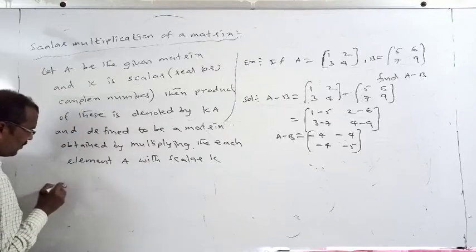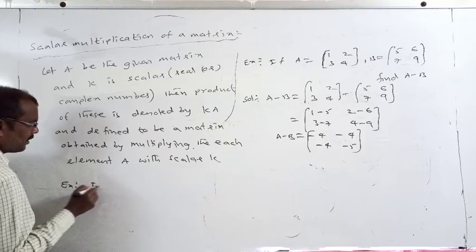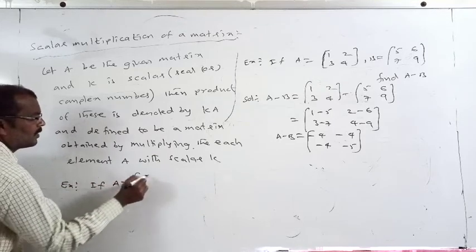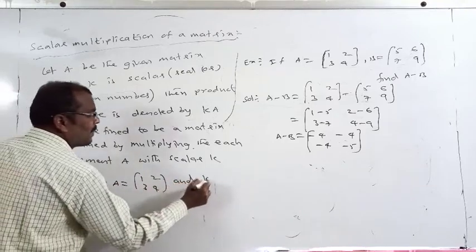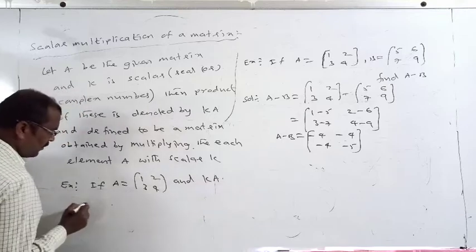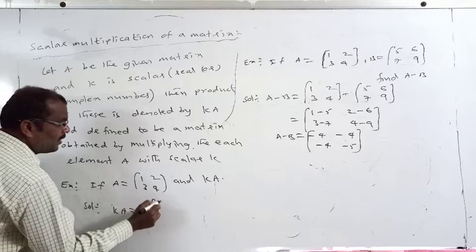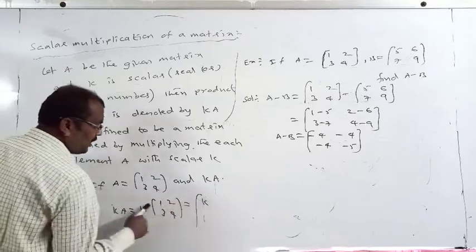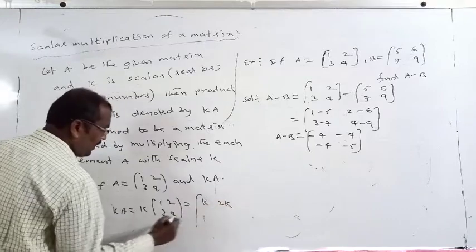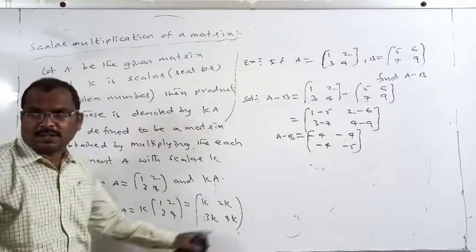So, example: if A is equal to [1, 2; 3, 4], find kA. Solution: kA is equal to k into [1, 2; 3, 4]. So this is equal to [k, 2k; 3k, 4k], like this.